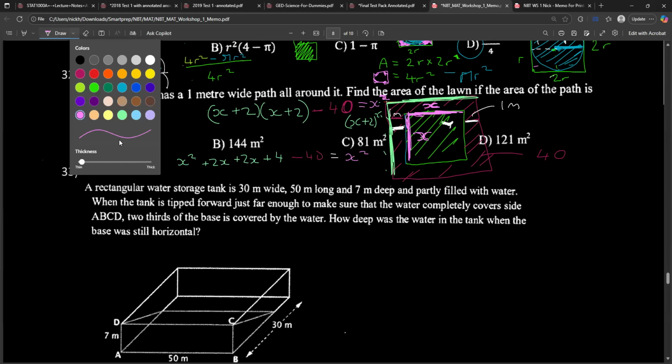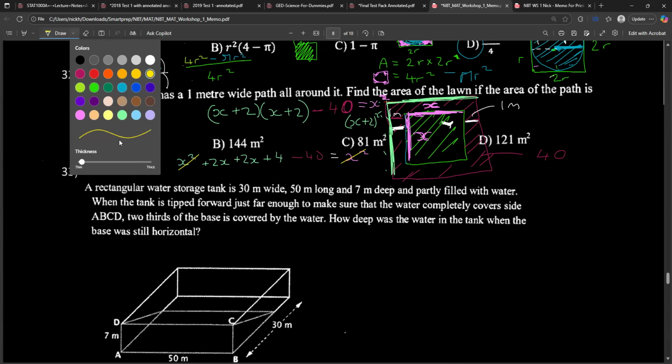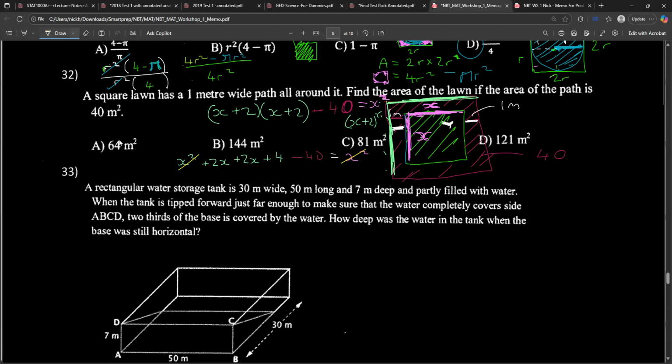Now we notice quite conveniently that the x squareds cancel. And we get 4x plus 4 minus 40, so 4x minus 36 equals 0. Now I take the 36 to the other side, and I get x equals 9. Okay, so x is 9.